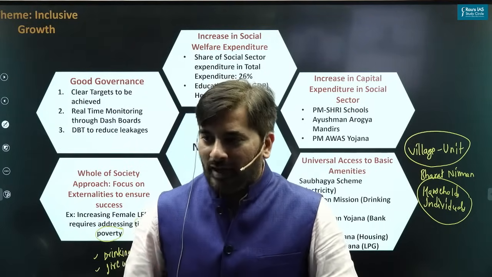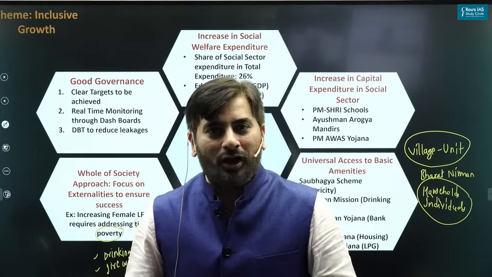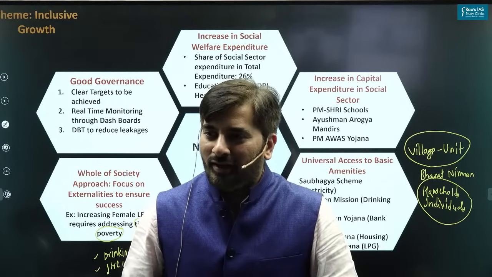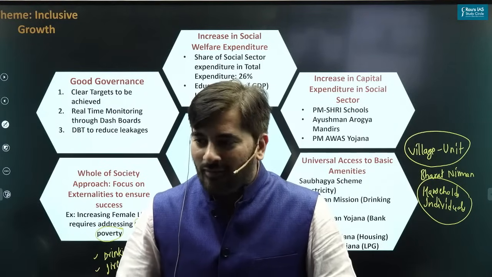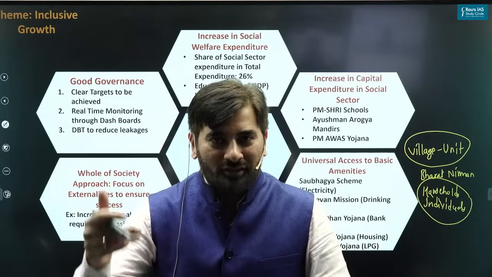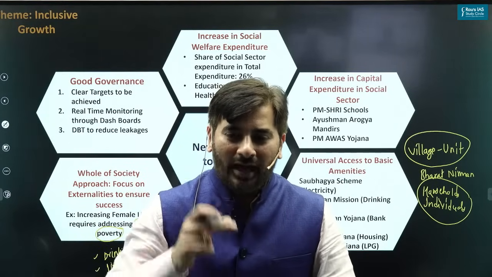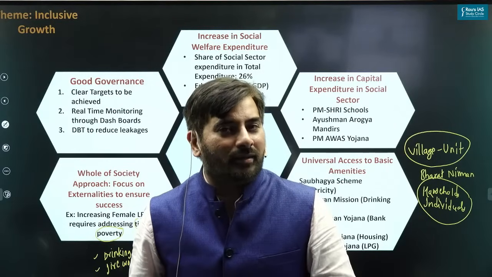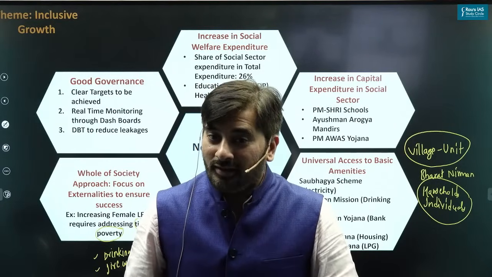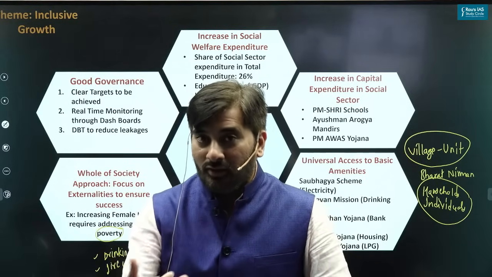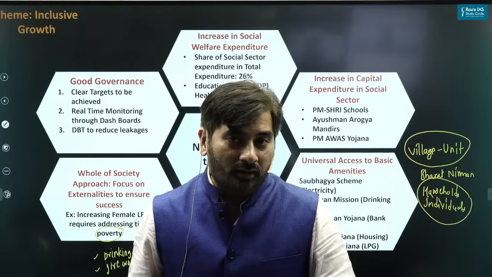The toppers would have a clear-cut blueprint as to how many times they will revise the entire prelims syllabus until the prelims. They'll have a blueprint as to how much syllabus they will complete every week, every month. So they have a clear-cut target, because when you set clear-cut targets, you have a complete idea as to whether you're reaching towards your goal or not.